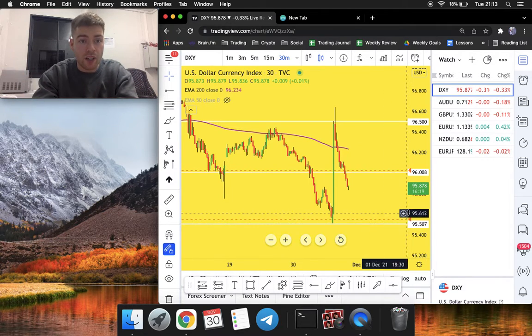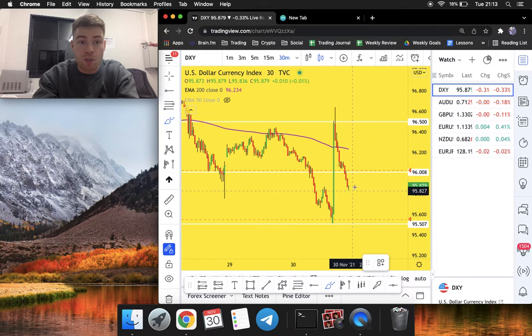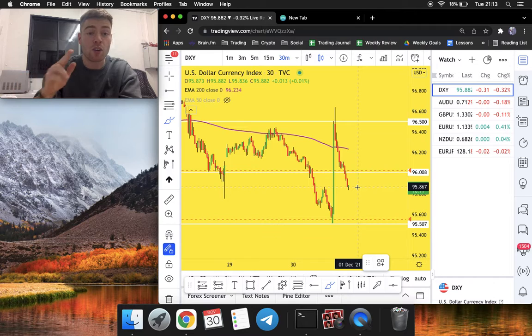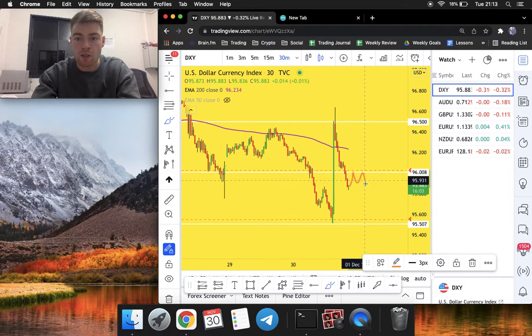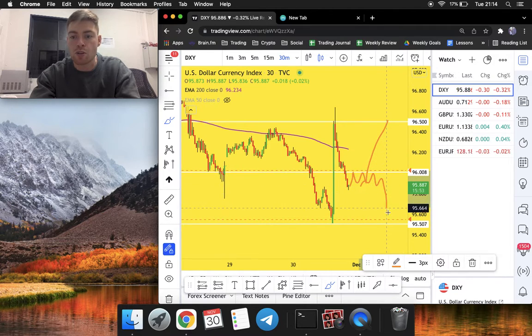And that's why, like I said, price is only going to do maybe two things. It's either going to correct around 96, take a pump up to 96.5, or else it'll correct around 96 and then start pushing down to 95.500.